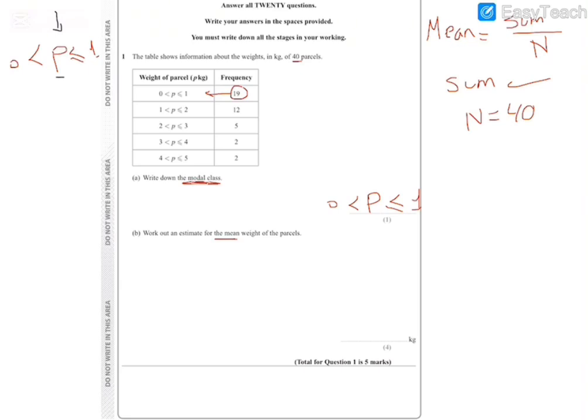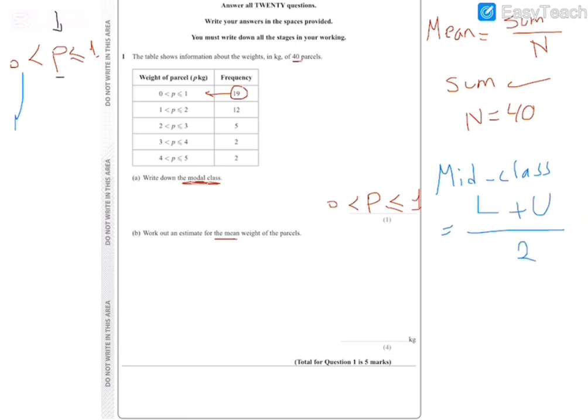Before we find the sum, we need to remember the mid class, which equals the lower limit plus the upper limit over 2.